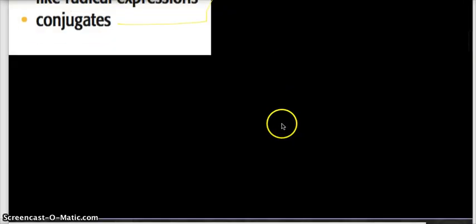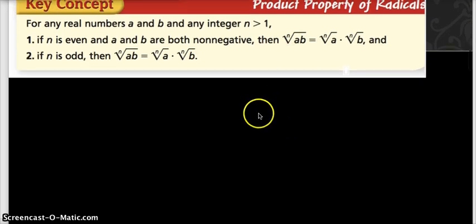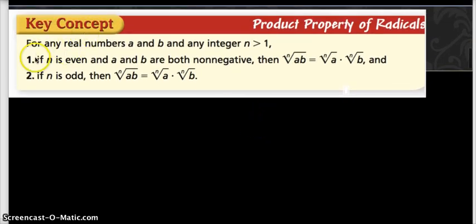So without further ado, we're going to go ahead and scroll down and take a look briefly at this key concept. Basically what we know here is that if you have a situation where you're taking the square root or nth root of any number, let's say I was taking the square root of a number like 40.